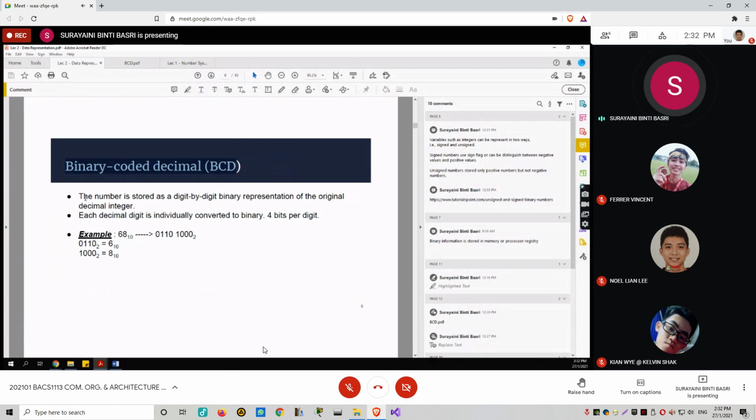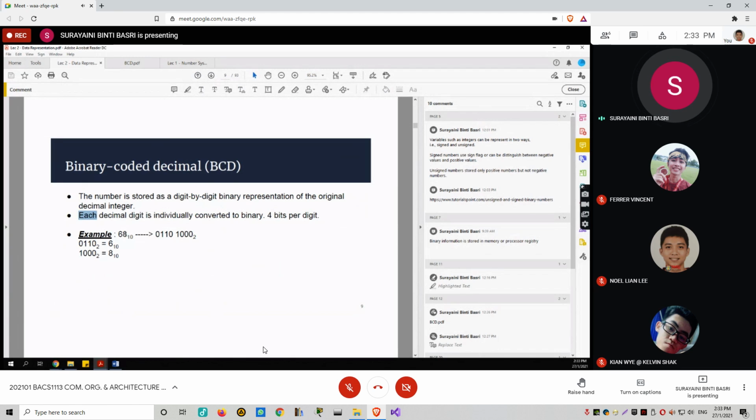In BCD, the number is stored as a digit by digit binary representation of the original decimal integer. Each decimal digit is individually converted to binary, with 4 bits per digit.